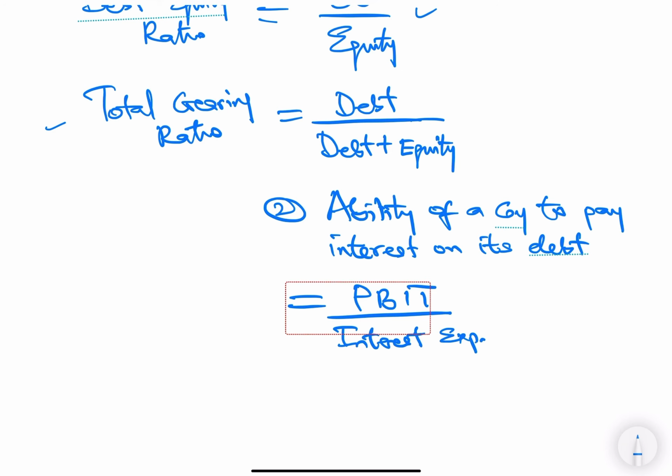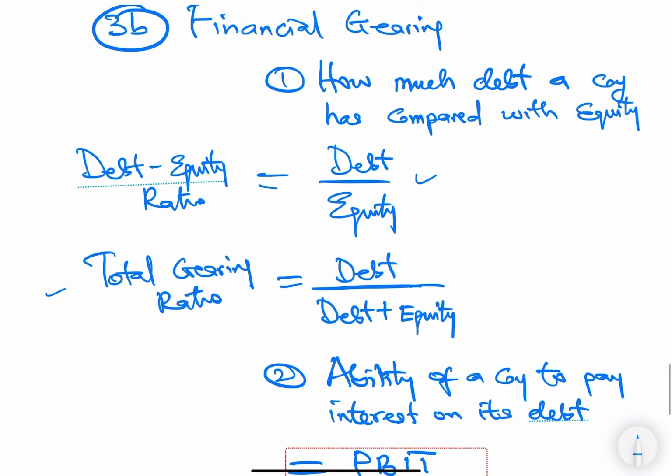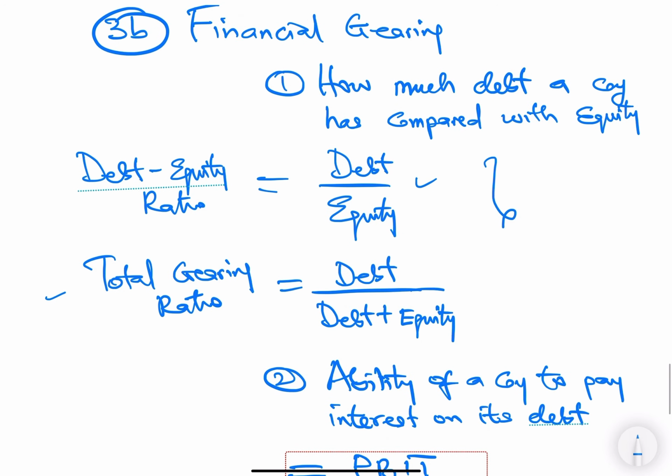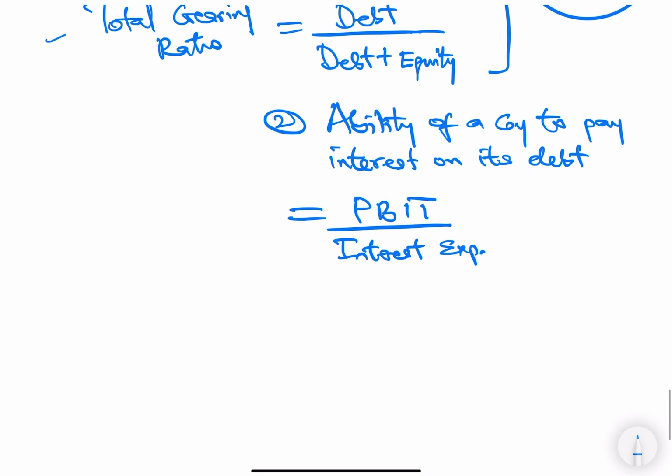Interest expense. And in terms of interpretation, for this one, the lower the better. We want to have a low gearing. However, for this one, the higher the better, because if it's higher, it means that you are comfortable.